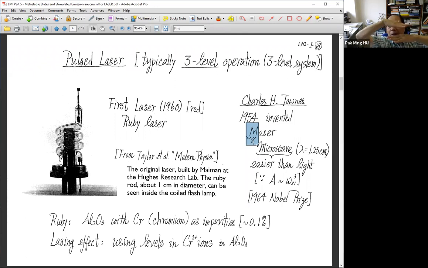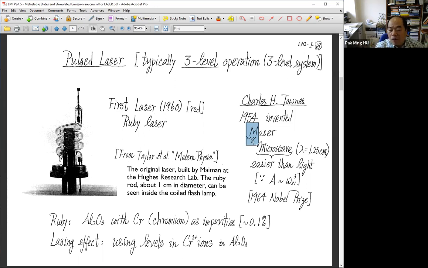It's easier to get microwave because that excited state is not too far away. Therefore, the spontaneous emission will not occur too readily and allows you an easier possibility to put more atoms in the excited state than in the lower energy state.